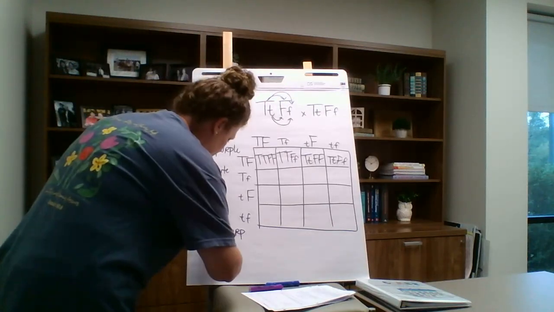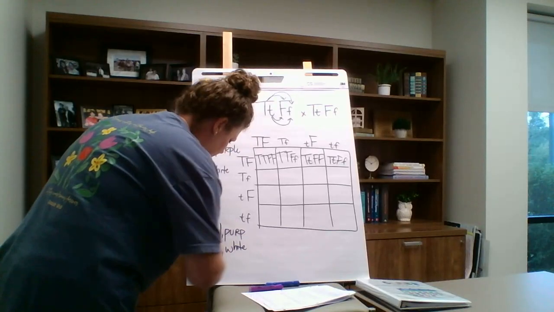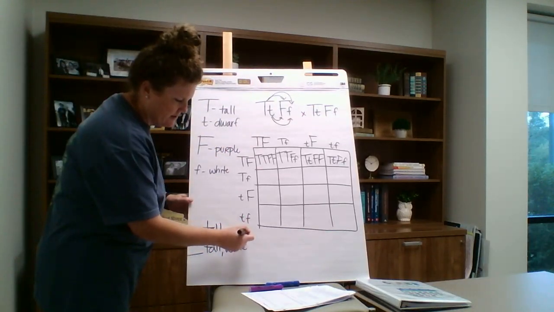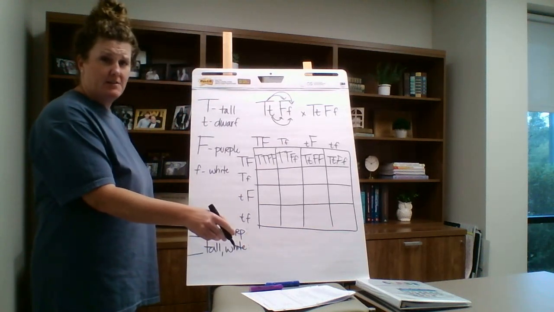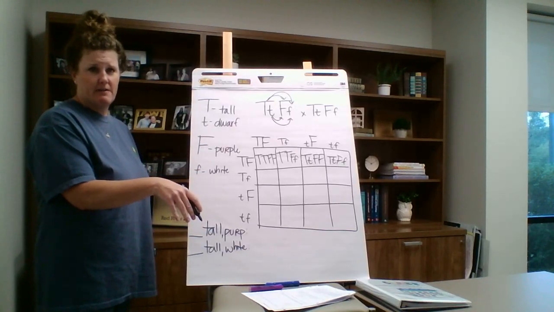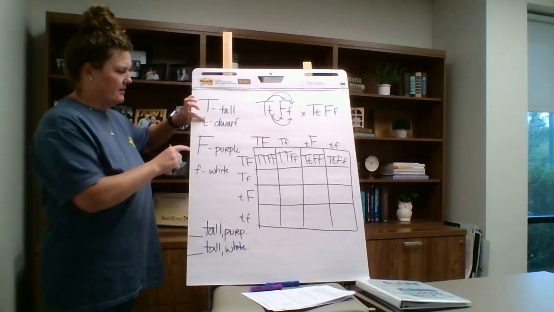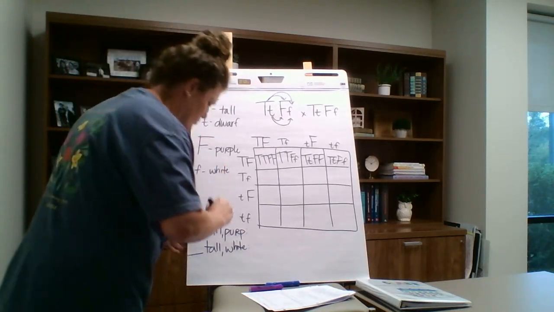So my babies could be tall with white flowers, and I'm going to put how many of those. Technically, there'd be colons just like we had before, okay? Now this is already written out to the side for you. I'm just showing you where they got it from, because on your essay, you're gonna have to do this yourself. All right, the next possibility is rec, dom, the recessive of the first, dominant of the second. So they could be dwarf and purple.